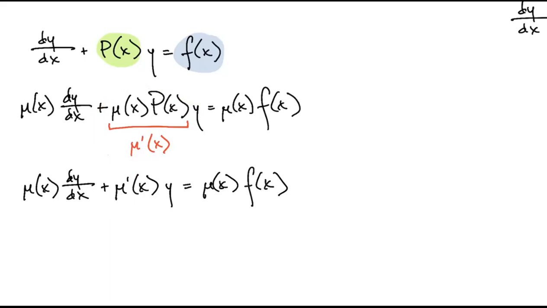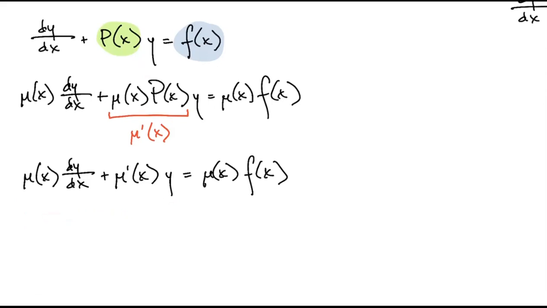Here's what is so clever about what we just did. This left-hand side is actually the derivative of the product of two functions. What two functions did I multiply together and then take a derivative of? So almost imagine like product rule backwards.